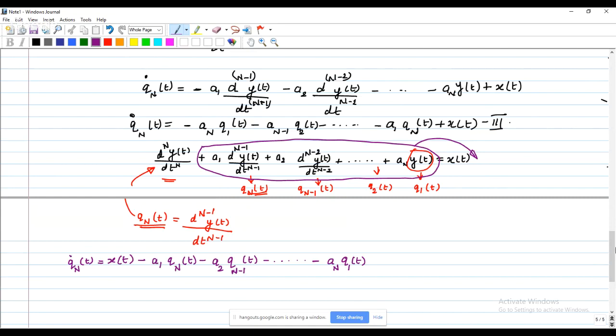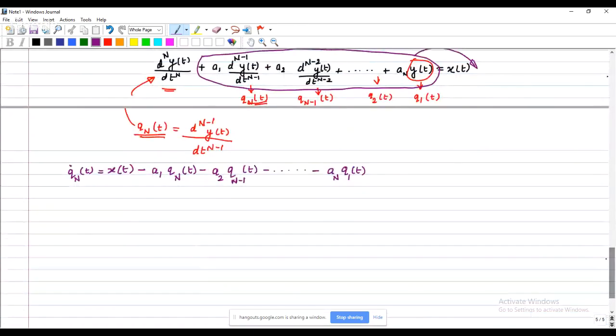Now that equation we just write in terms of increasing order of n for q. So we write first the highest order, which is minus an q1 of t minus a n minus 1 q2 of t minus, and so on and so forth, minus a1 qn of t.